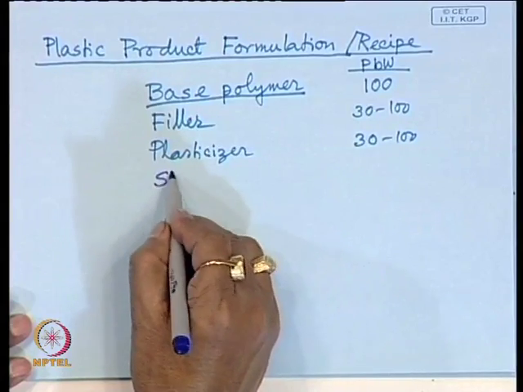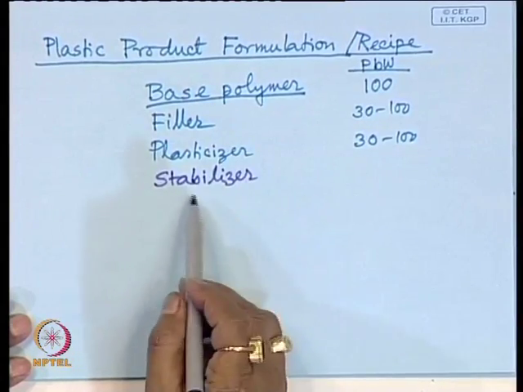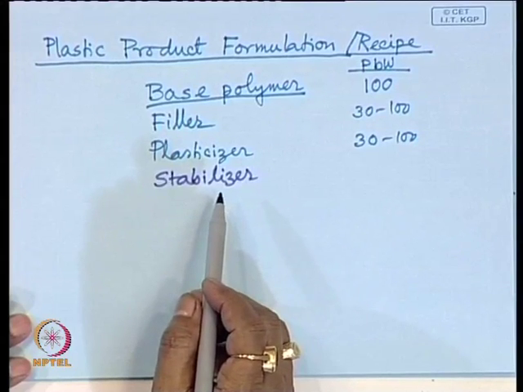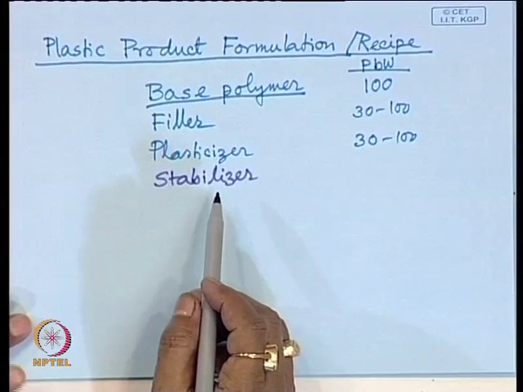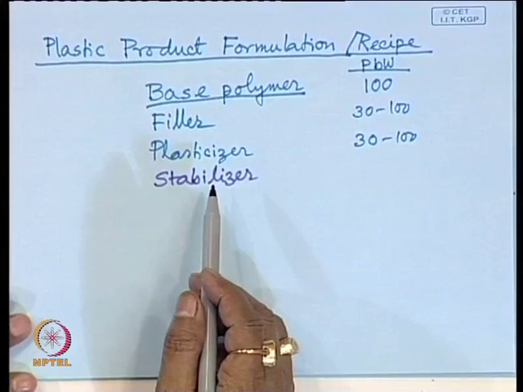Then comes the stabilizer. Stabilizer, the meaning is very simple. It stabilizes the product. That means it prevents degradation from various degrading agencies. What are those degrading agencies?